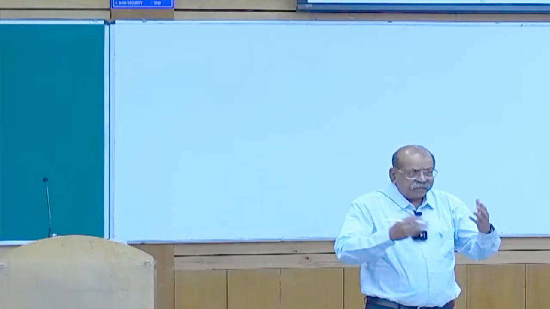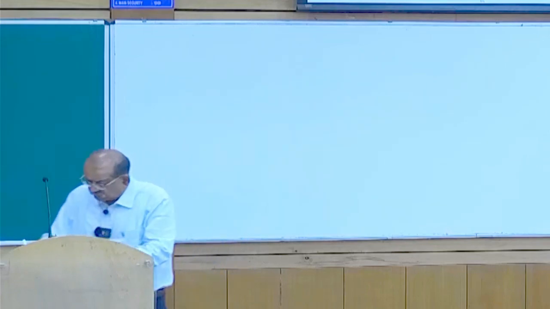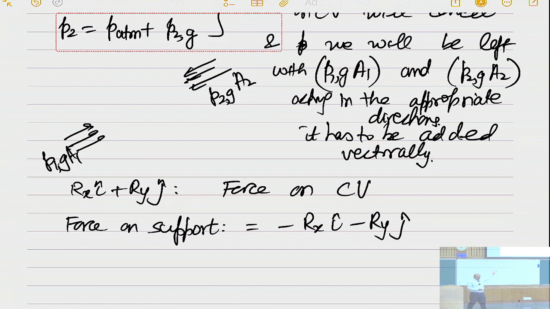It will be minus Rx i minus Ry j. So the opposite of that will act on the support. So eventually maybe in this problem that is what we are looking for: what is the force on the support? So you calculate Rx and Ry, and the negative of that will act on the support.